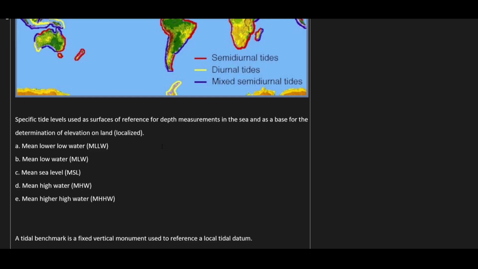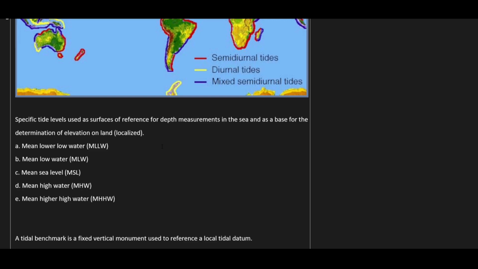So we have the mean lower low water, mean low water, mean sea level, mean high water, mean higher high water. Now you might be wondering, why not just use one, the mean sea level, right? So there are different applications for these different references. Let's say, for example, the mean higher high water. This is used particularly for nautical clearance.